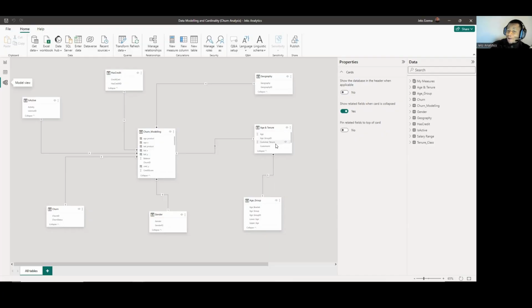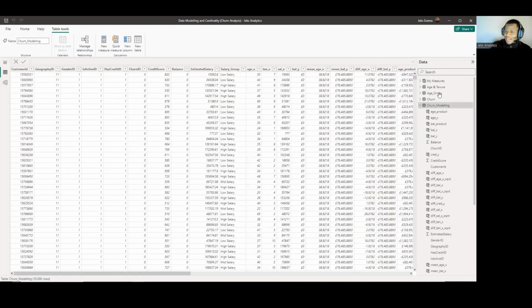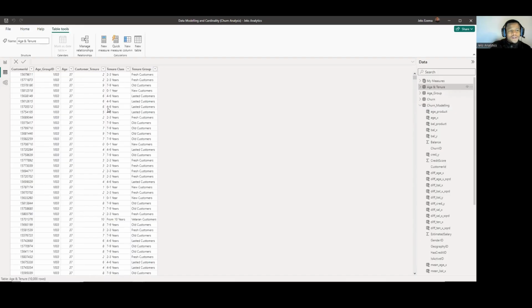Also remember what I said about a fact table. I said that a fact table is a table that has both a primary key and a secondary key. So let's take you back to that age and tenure. If you look at age and tenure, we'll see that this is the primary key for this table, but it also has a secondary key to another table attached to it.